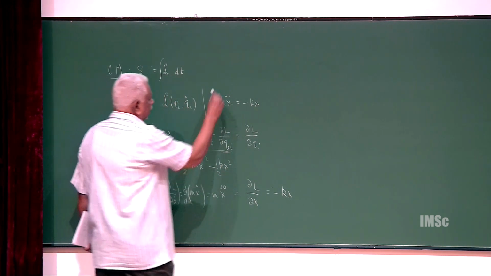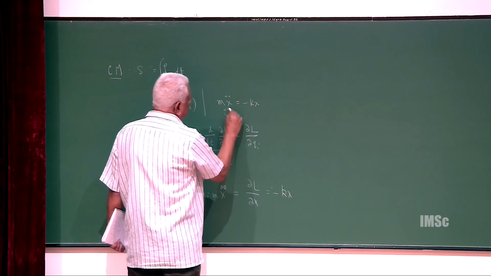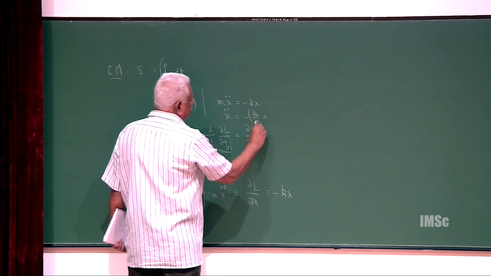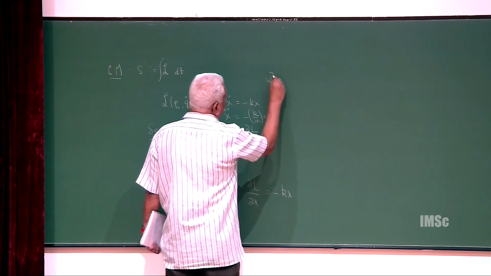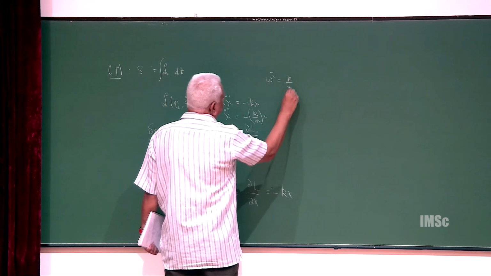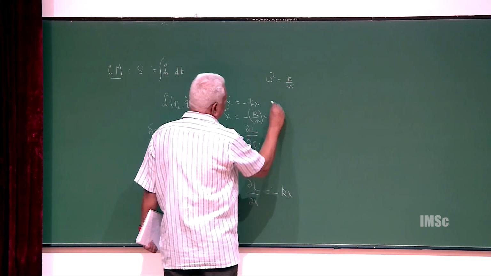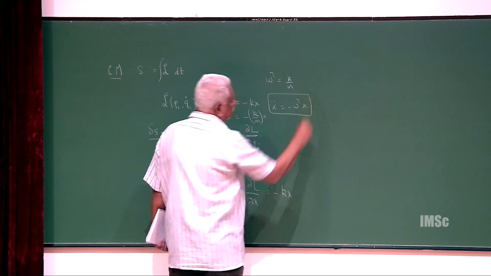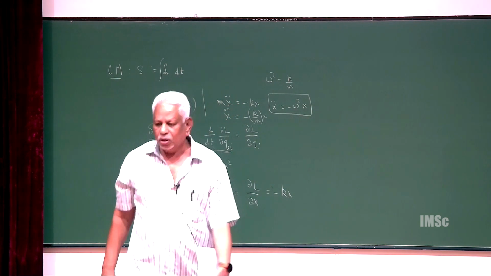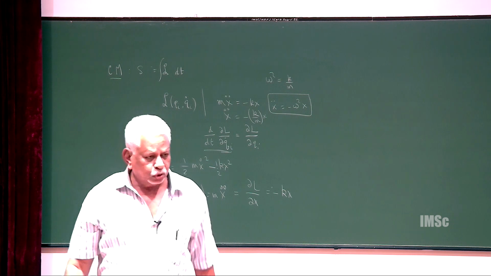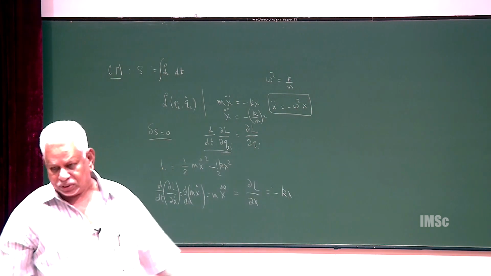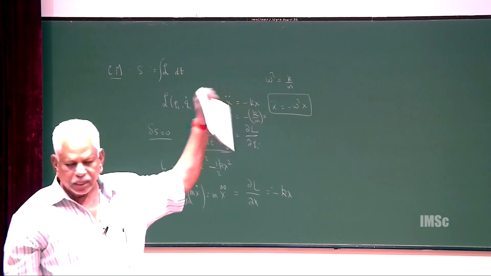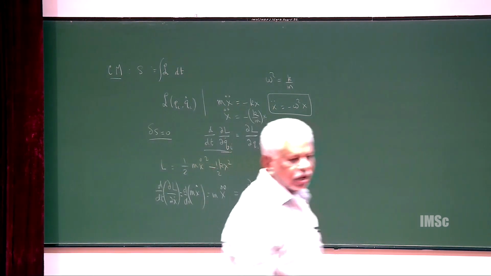You can even write this as x double dot equals minus k by m times x. You call k by m omega square. Then x double dot equals minus omega square x. This is the equation of motion for the harmonic oscillator. If you have oscillators of the same frequency, you will have one for y, one for z, whatever you want. This is the simple way in which everything is derived.